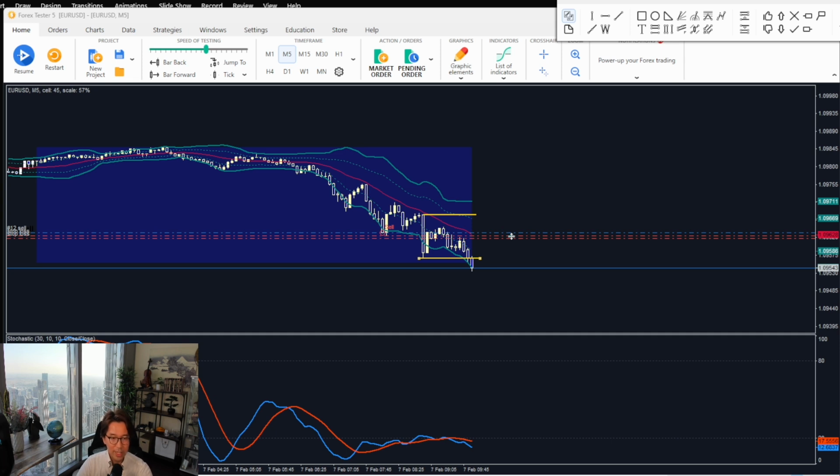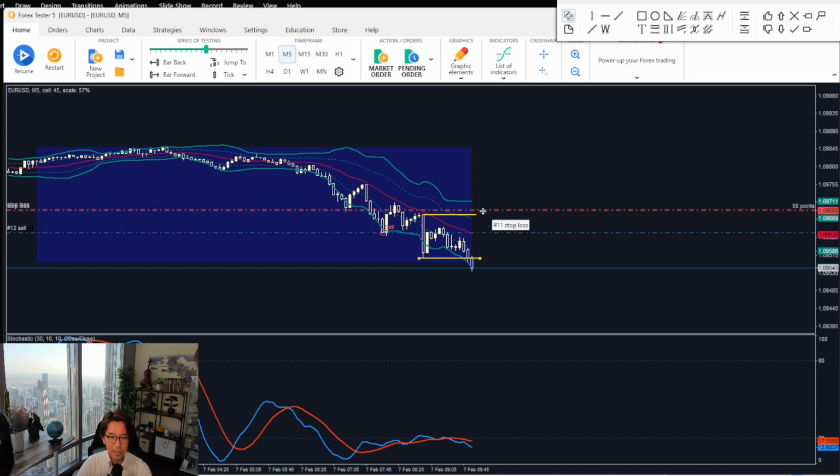So for now, I keep my stop losses above the inside, like this, so that even if the market retraces, it may be resisted by the previous support, or by the previous inside bar resistance, and still continue to follow the 4-hour direction.